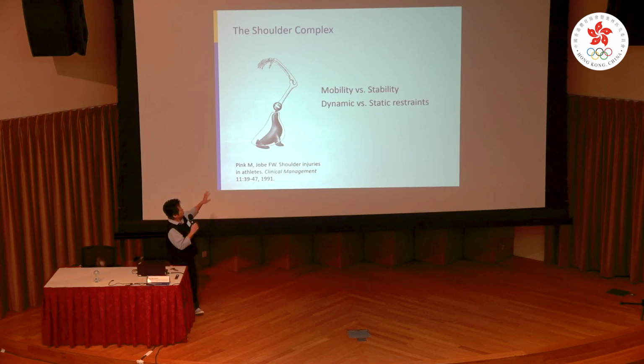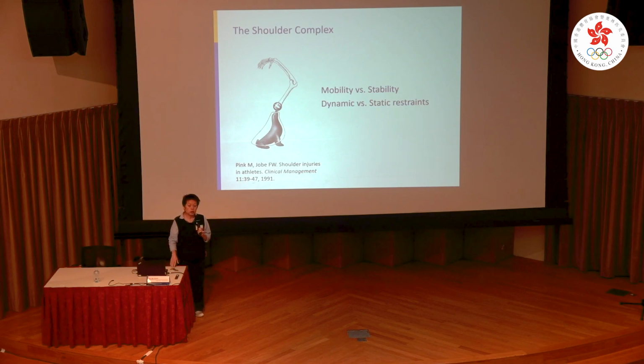The body of the sea lion depicts the scapula, which provides a platform for a stable base, and then you have the shallow ball and socket of the shoulder joint, so you can move the arm freely and control and balance it properly.